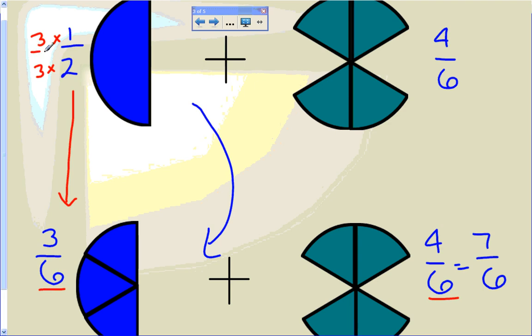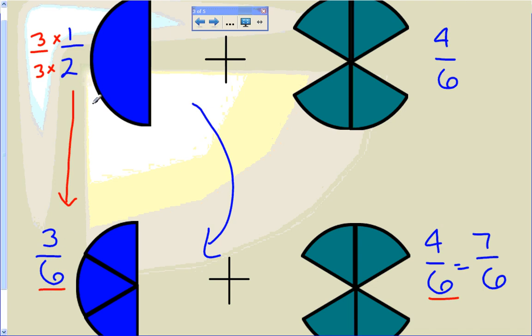Well, think about this. What's 3/3? It's 1, right? Can't you always multiply something times 1 and not change its value? So when I multiply the top and the bottom by 3, I'm really just multiplying times 1, and I'm not changing its value. Likewise, you could look down here. What does 3/6 simplify to? 3/6 simplifies to 1/2.